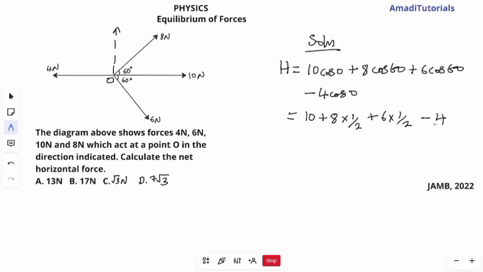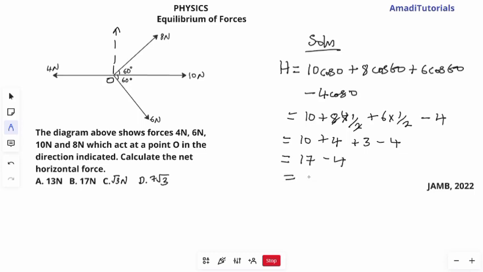So this will be 10 plus 4, plus 3, minus 4. 10 plus 4 is 14, plus 3 is 17, minus 4.